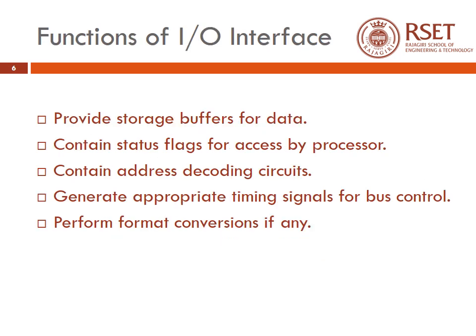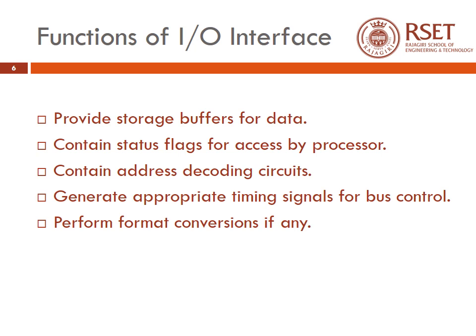The various functions of an input-output interface can thus be summarized as follows. First, it provides sufficient storage buffers for storing the data that is to be sent to an input-output device or coming from an input-output device. Then it can contain various status flags for access by the processor so that the processor can check whether the device is now providing some data or some data needs to be sent to the device or not.